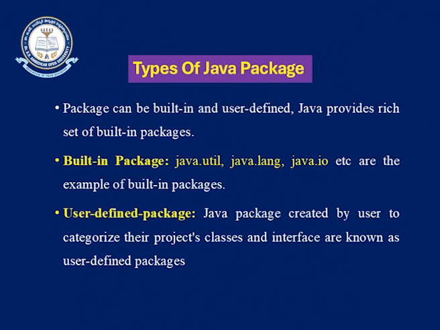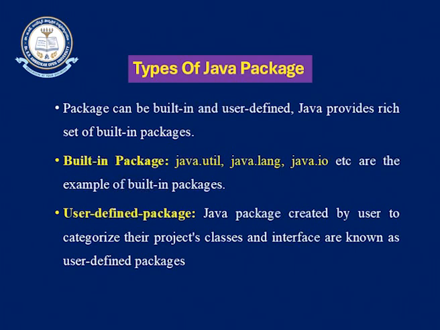Let me give a few examples of built-in packages: java.util, the Java utilities package; java.lang, the Java language package; and java.io, the Java input output related package. Here each and every package has its own actions.